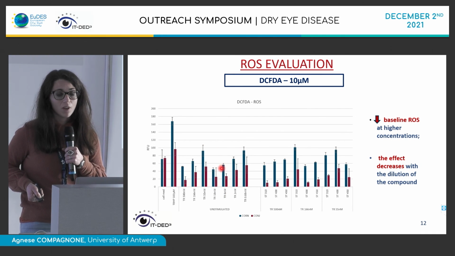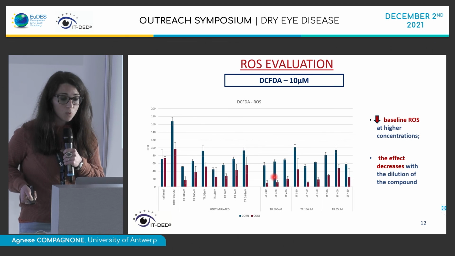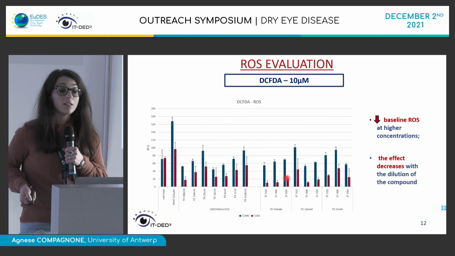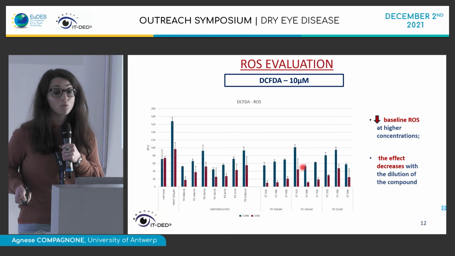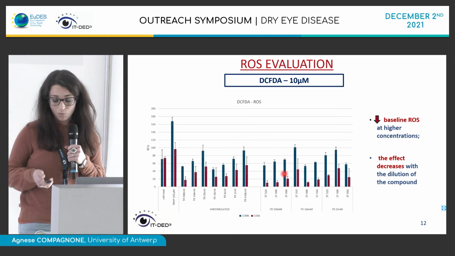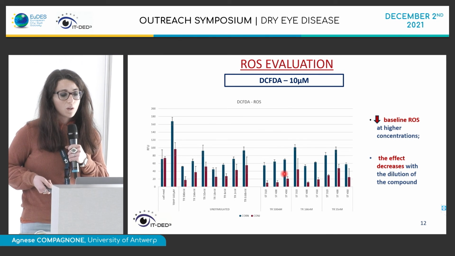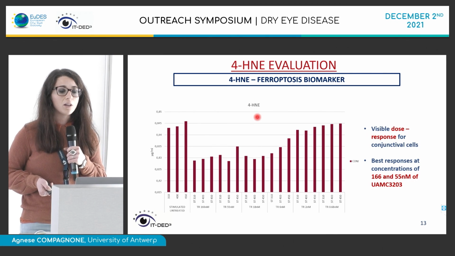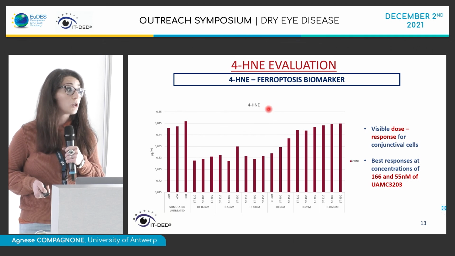And if we stimulate the cells with the hyperosmolar medium and we treat the cells, we can see that the compound can actually reduce the baseline ROS levels that were present with just the treatment of the compound.